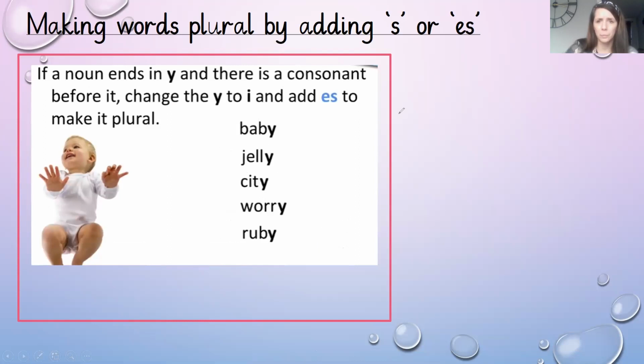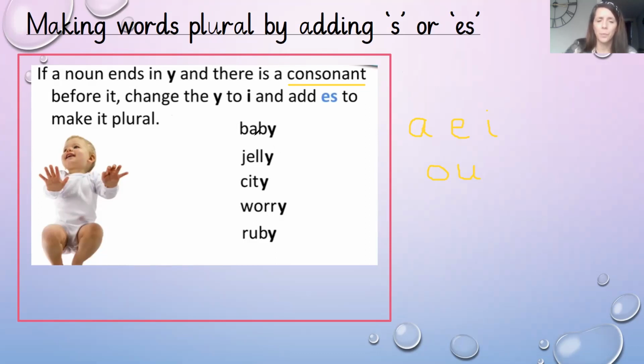So the vowels are A, E, I, O, and U. All the other letters in the alphabet are consonants, okay? So if the word ends in a Y and there's a consonant before it, we change the Y to an I and we add ES to make it plural.